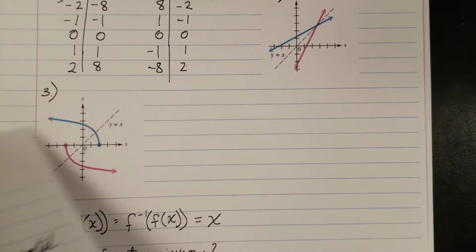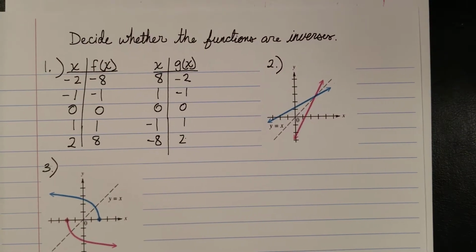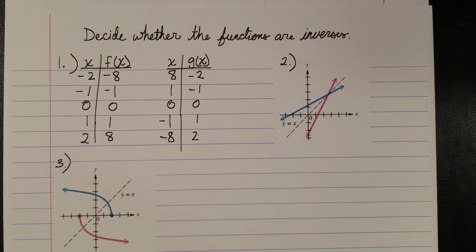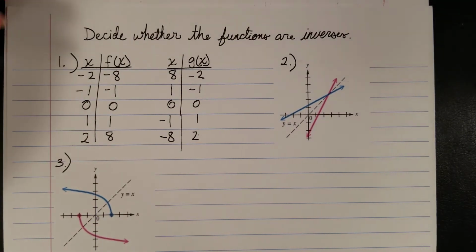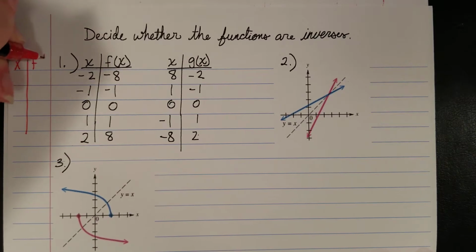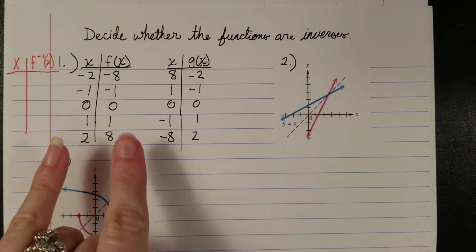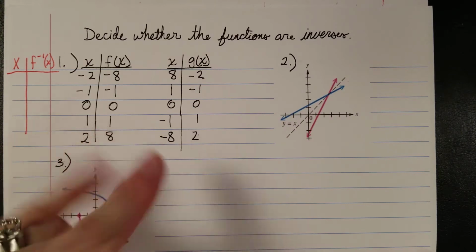All right, here we go. Decide whether the functions are inverses of one another. Again, you're switching the x and the y. For number 1, if I was to make a table for the inverse function of f, I would just take these two columns and switch them.